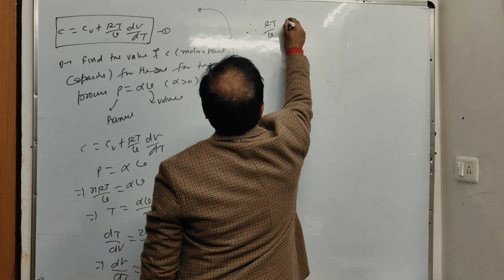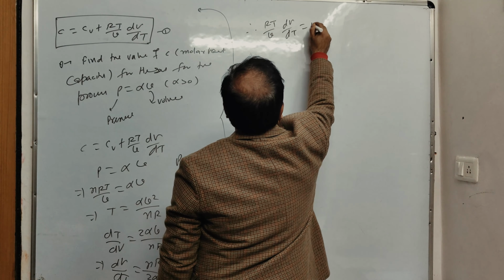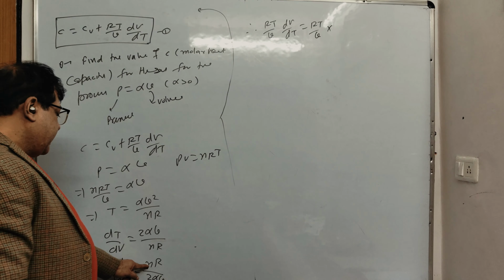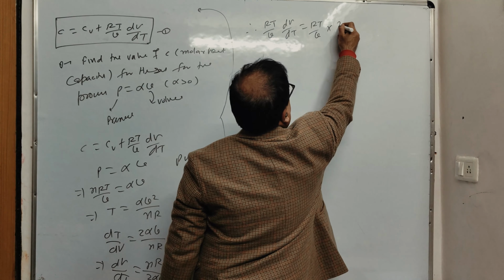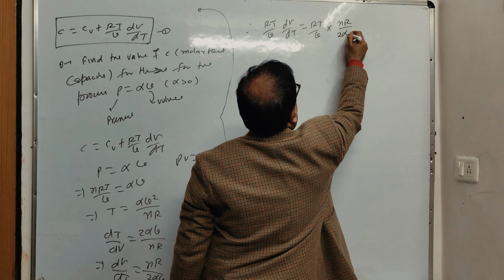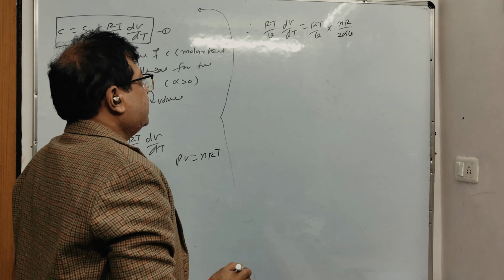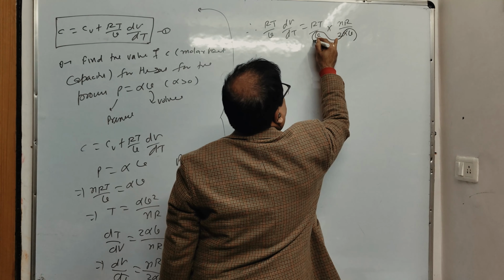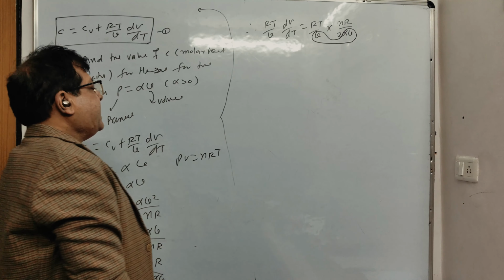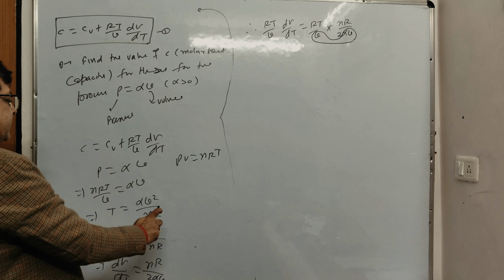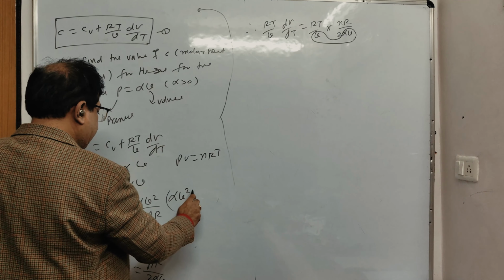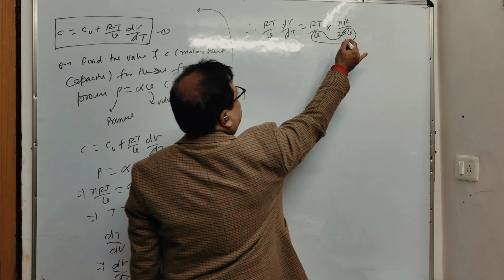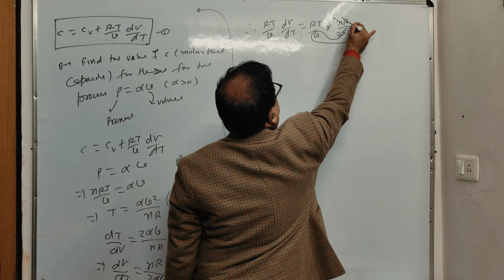Therefore RT by V times dV by dt: this is RT by V, and dV by dt from this point is nR by 2 alpha V. Here, at this point, alpha V square is equal to nRT.